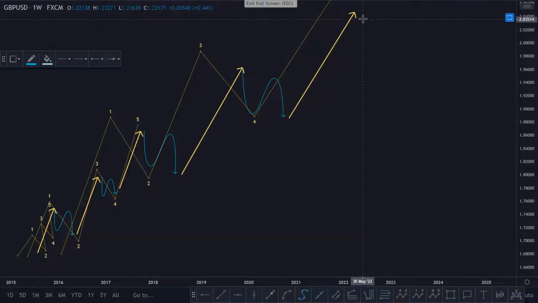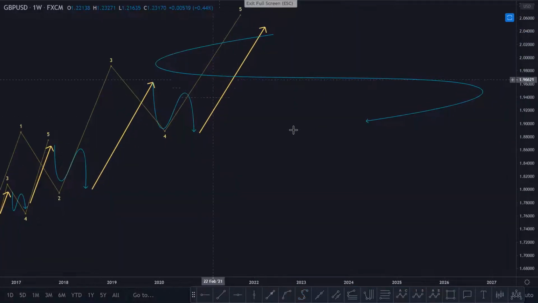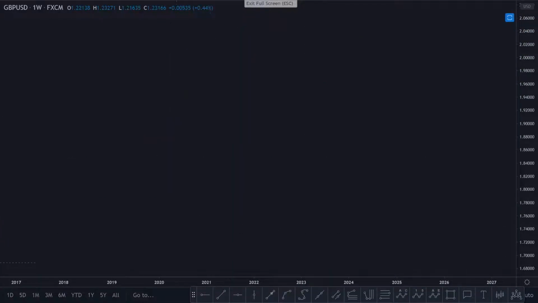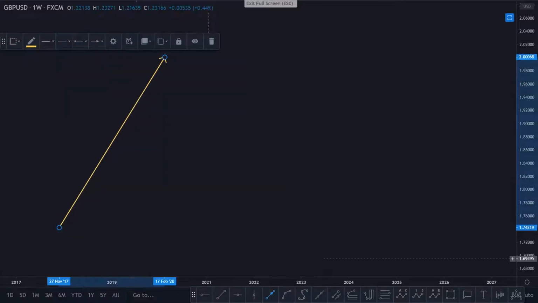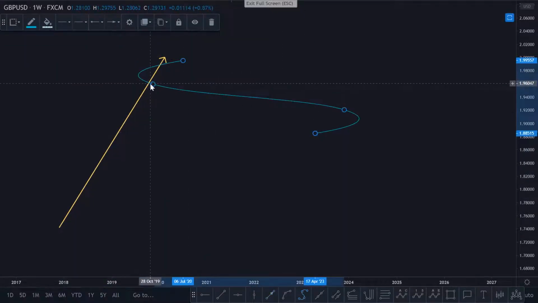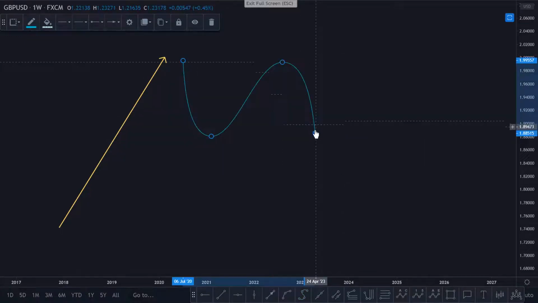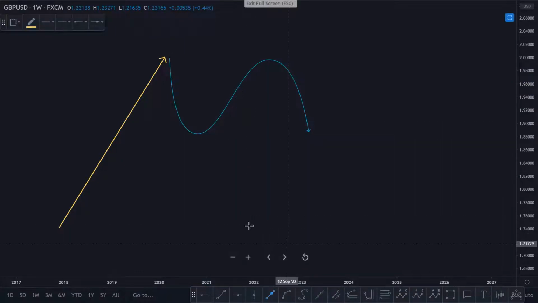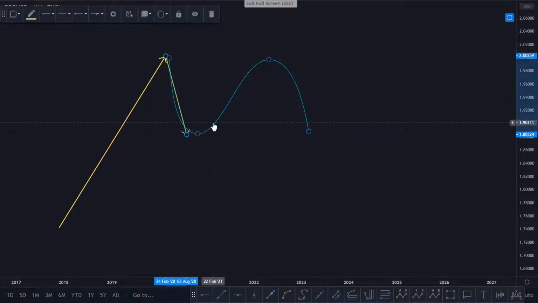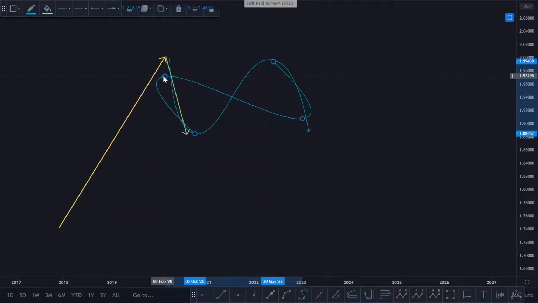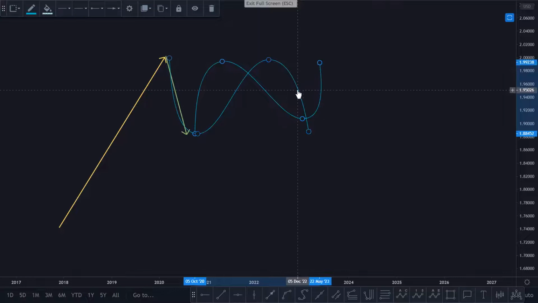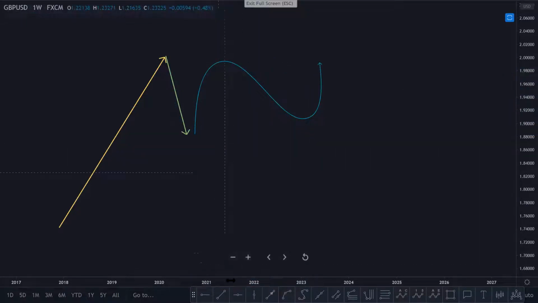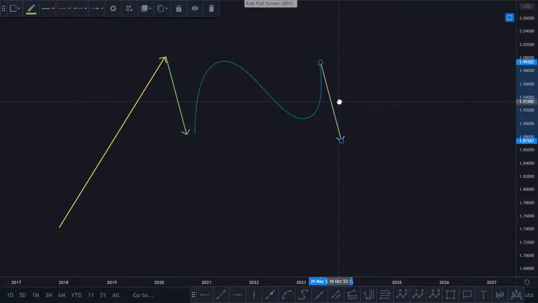And you'll find at the end of a big impulse, let me just clean all this up, at the end of a big impulse, you'll find a big correction. But the fractal nature of these corrections also comes into play. So you'll find that these corrections themselves have an impulse, corrective price action in the middle, and an impulse.